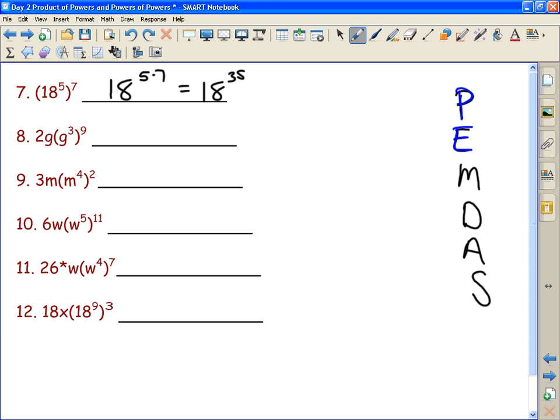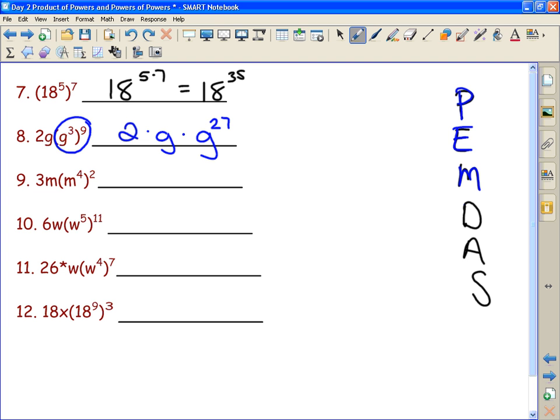The next one says that if there's anything that can be multiplied together, we should do that. So right now I'm looking at number 8 and I'm saying, okay, I should probably multiply 3 times 9. So that's going to give me 2 times g to the 27th.